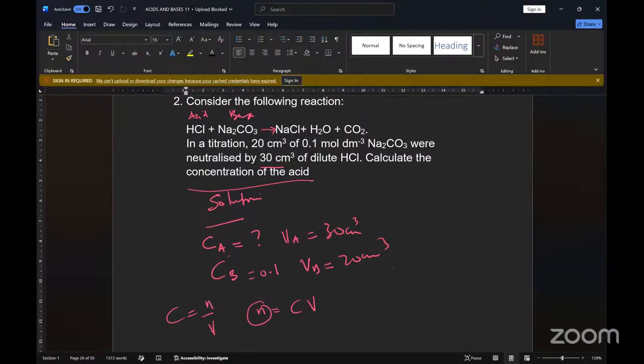I can say number of moles of hydrochloric acid divided by 1, because the coefficient here is 1, must be equal to the number of moles of what? Sodium carbonate, this one, also divided by 1, because the coefficient is 1. That's what I indicated with that chain. But then we also know that number of moles is equal to concentration times volume.